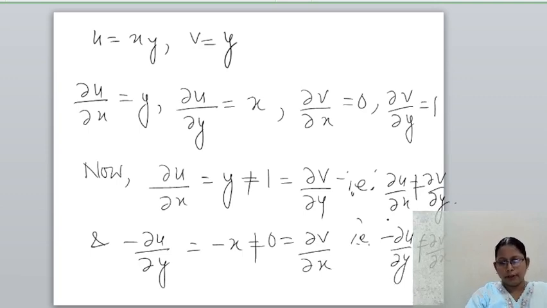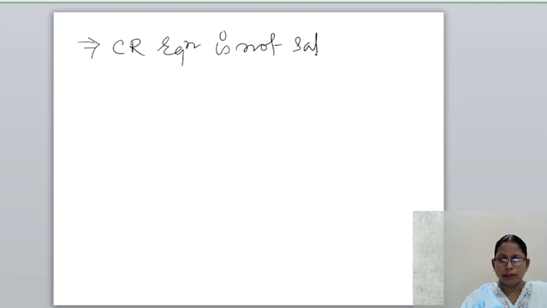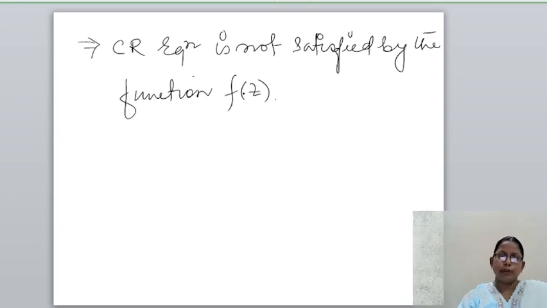We know that the CR equation is a necessary condition for a function f(z) to be analytic. This implies the CR equation, that is the Cauchy-Riemann equation, is not satisfied by the function f(z).